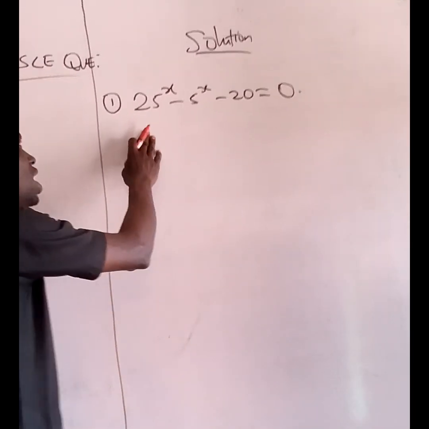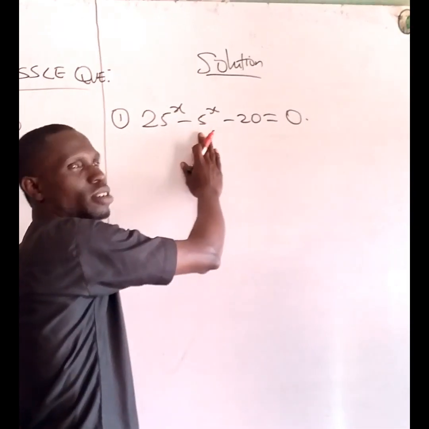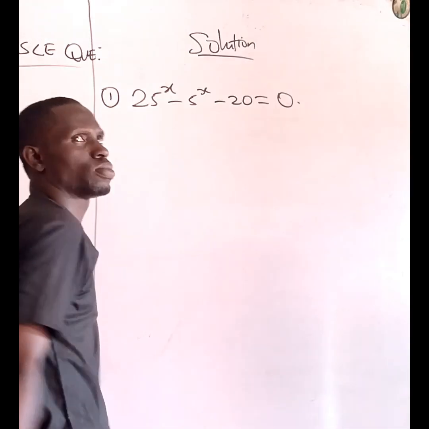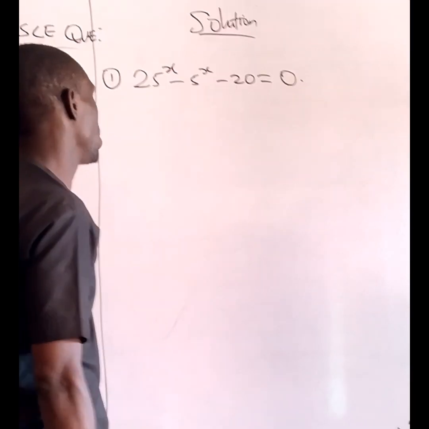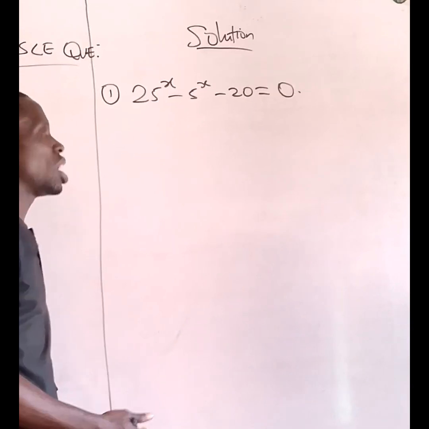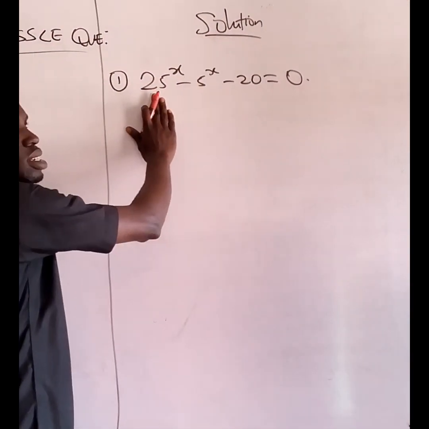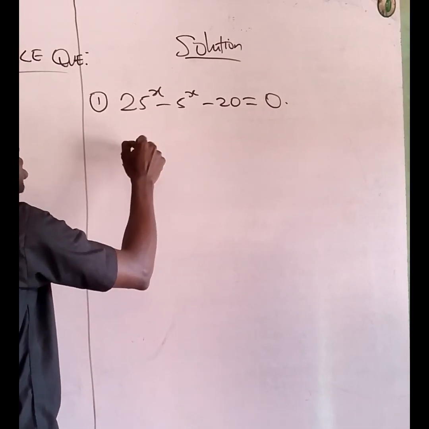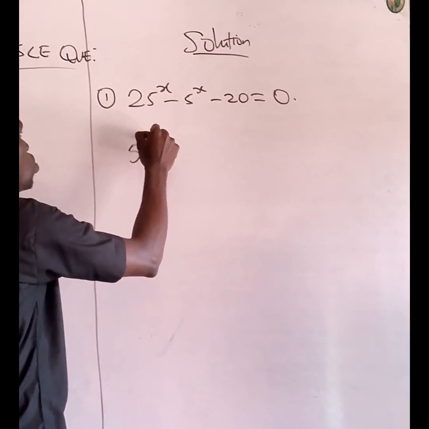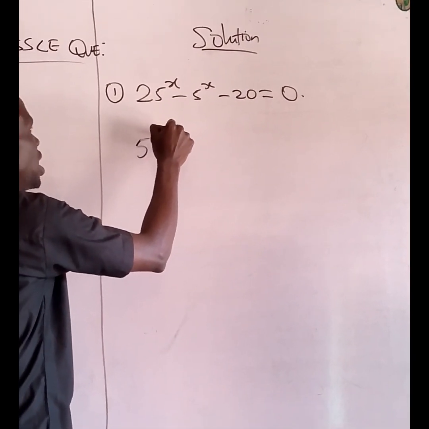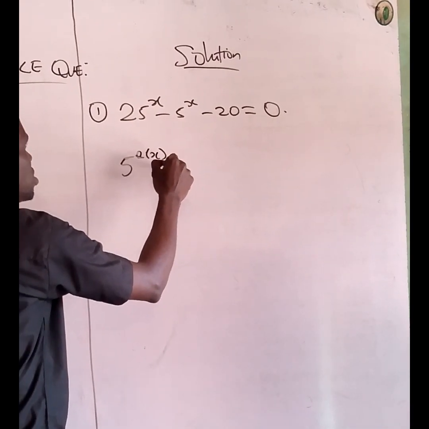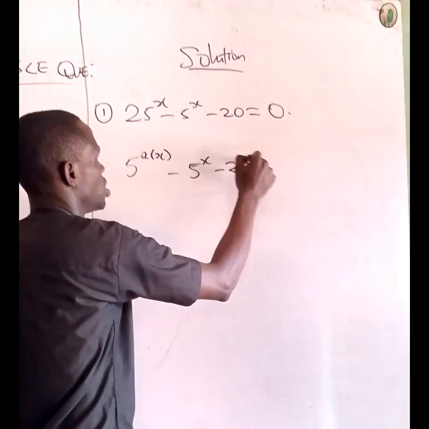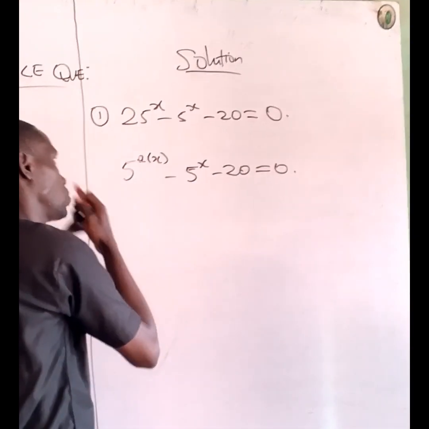Number 1: 25 raised to the power x minus 5 raised to the power x minus 20 is equal to 0. When you have questions like this, the very first thing, as you still remember, is to simplify 25 raised to the power x, and of course you know that would be 5 raised to the power 2 times x, minus 5 raised to the power x, minus 20 equal to 0.